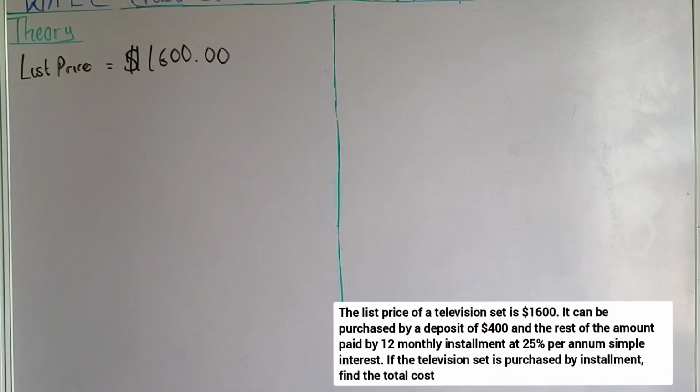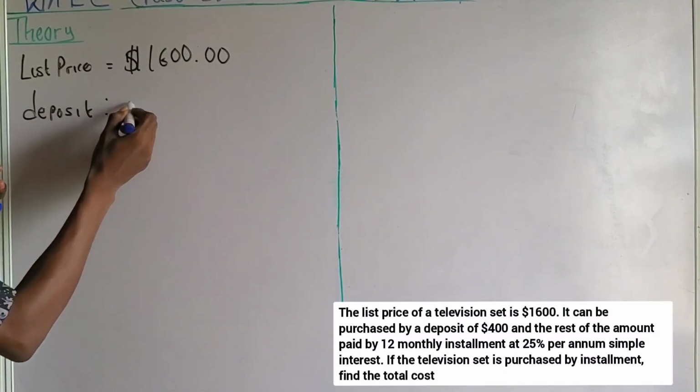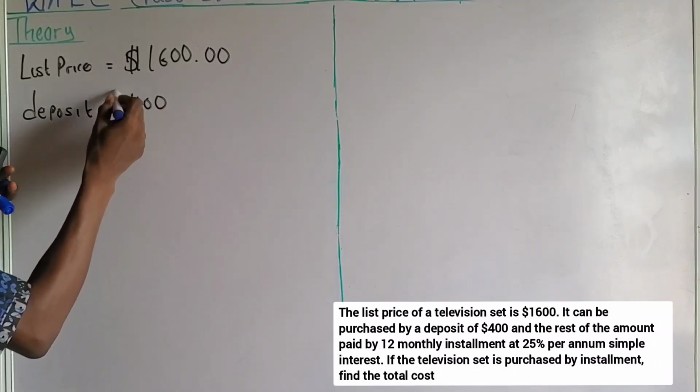If you want to purchase it on deposit, maybe you don't want to pay the price of the television at once. You want to purchase it by depositing a part of it. The first amount you have to deposit is $400.